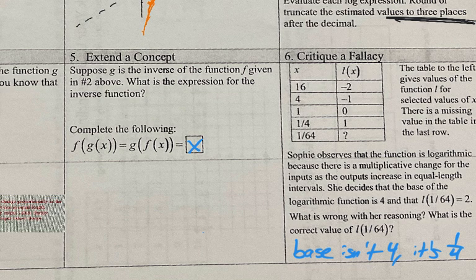Because when I raise it to the first power, I get 1/4. If I raise 1/4 to the negative first, you should get 4. It flips, the negative flips the version.